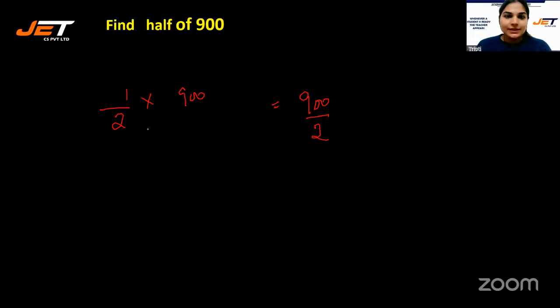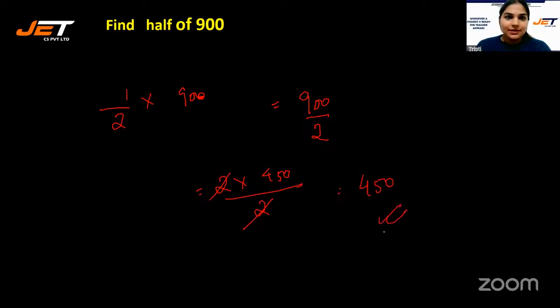What will this be? So I can write 900 as 2 times 450. 2 in the denominator cancels. 450 is the answer.